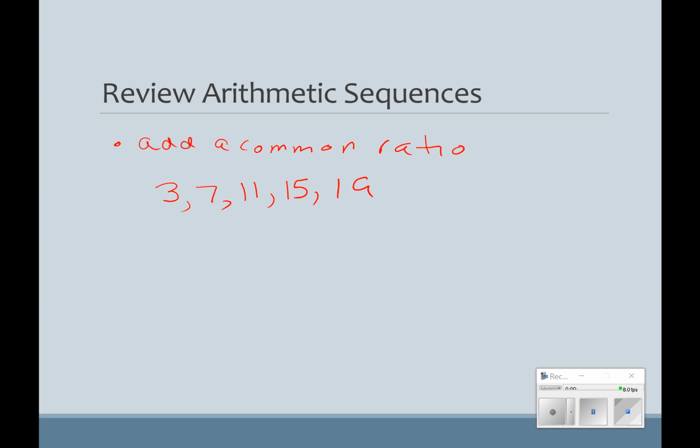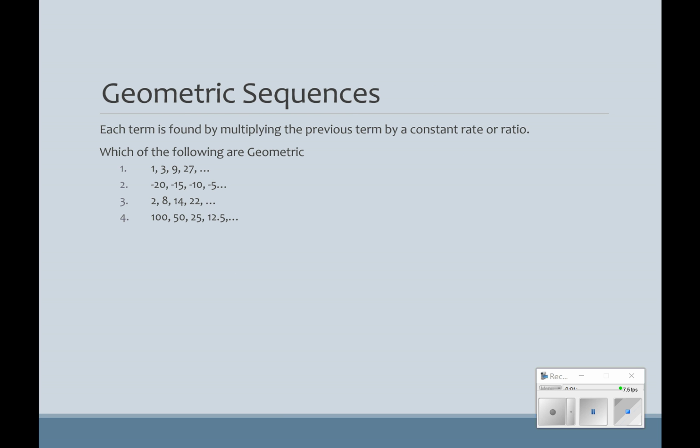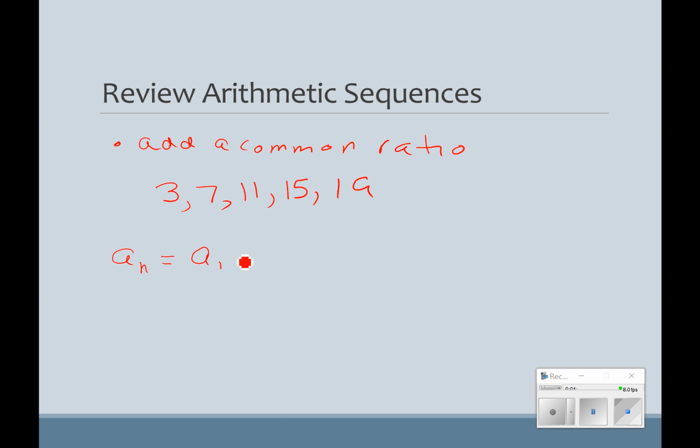We're adding 4 each time, right? So we added 4. And we had a formula that if we wanted to find the nth term, we took the first term plus the number of terms minus 1 times the common difference.